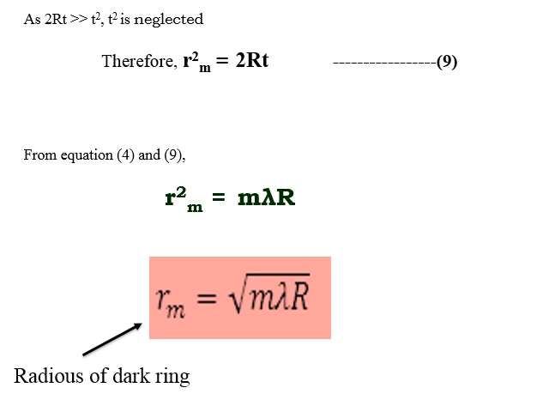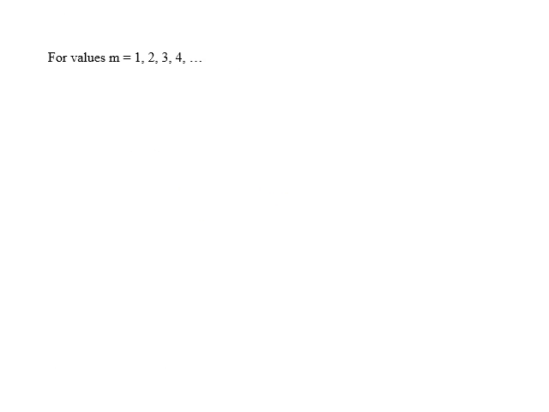If we take the square root, Rm is equal to under root m lambda R, and that is nothing but the radius of the dark ring. So from the radius you can calculate the diameter. For different fringes like dark ring number 1, 2, 3, 4, what will be the radius?